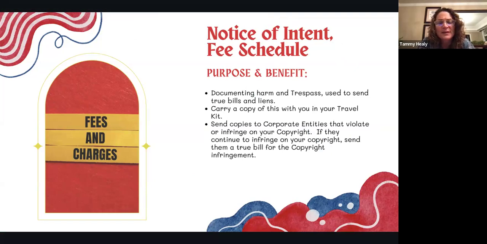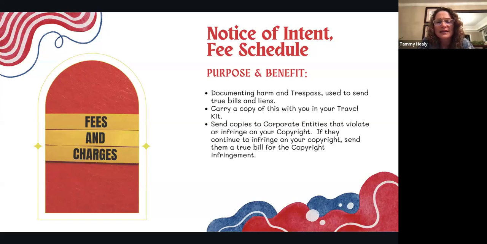So this is basically fees that we have adopted. If you get a summons or a ticket of some sort and you rebut it, and they continue to come after you, you can send them your fee schedule to warn them that, if they're insisting that you show up in court, here's how much it's going to cost them for your appearance.